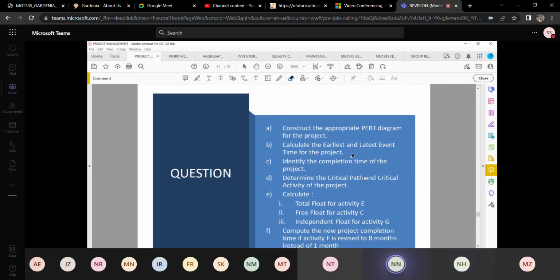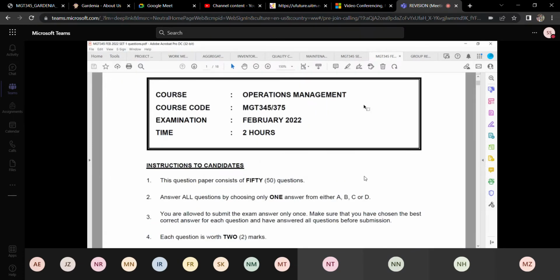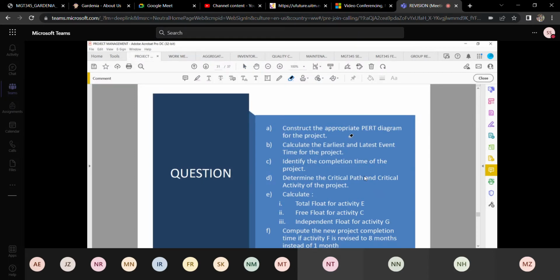But basically, for your final, they don't ask you to complete all the working. It depends on the question. Sometimes they ask you, find the EET, find the LET, ataupun completion. So, in order to find the completion time, you kena buatlah EET.